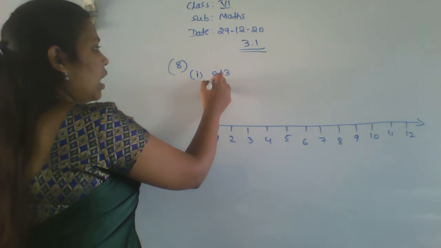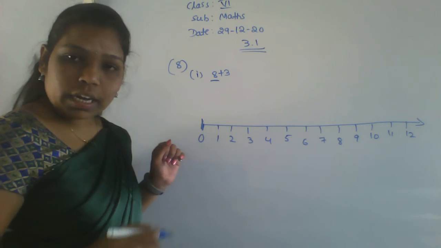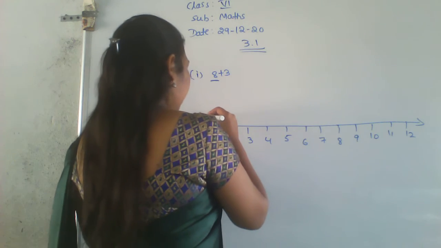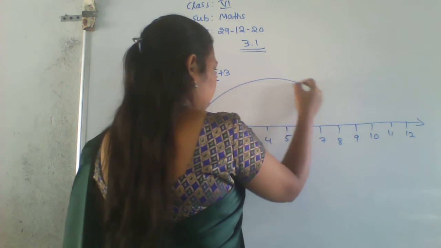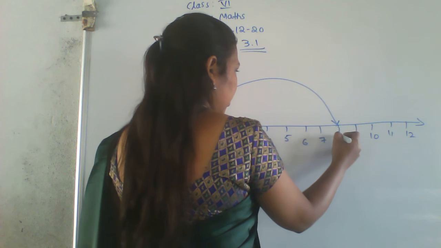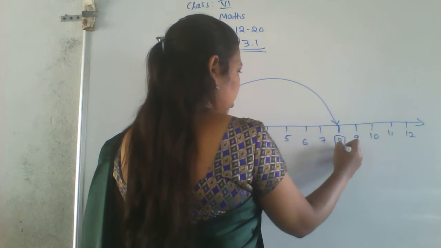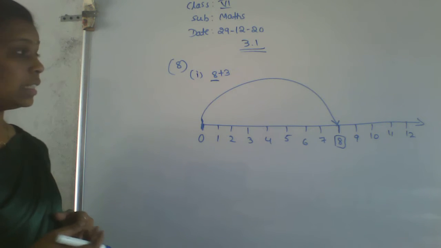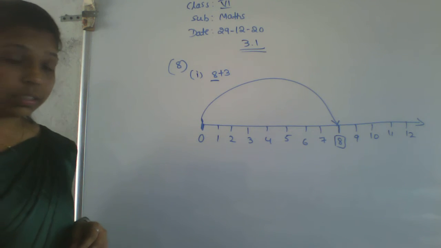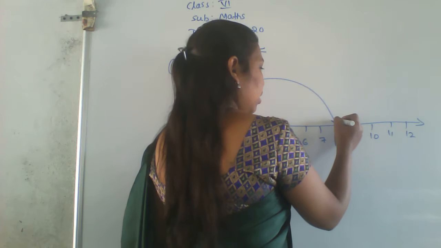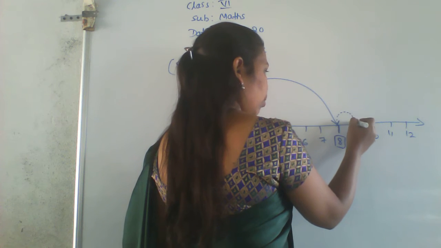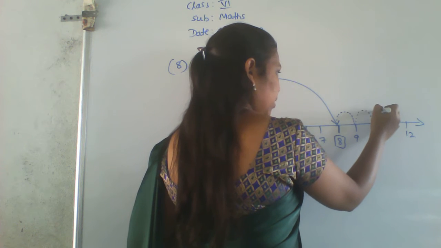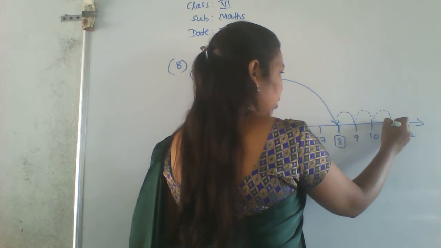First write the 8 value. Okay, up to 8. Where is 8 here? Here. Right? So mark this one, 8 first. After that we are adding 3 numbers. 3 numbers means this is 1, this is 2, and this is 3. Okay.